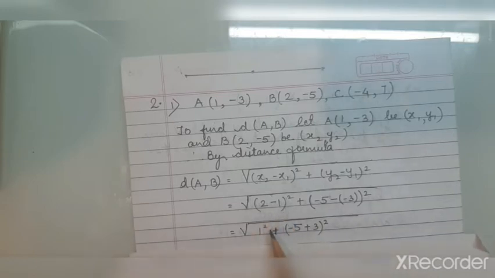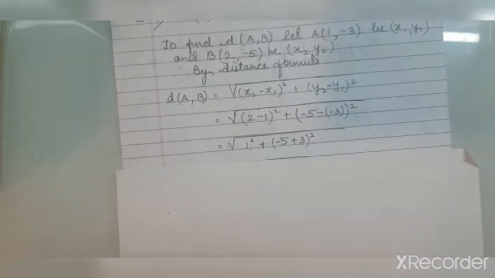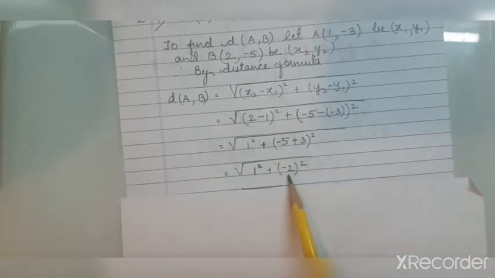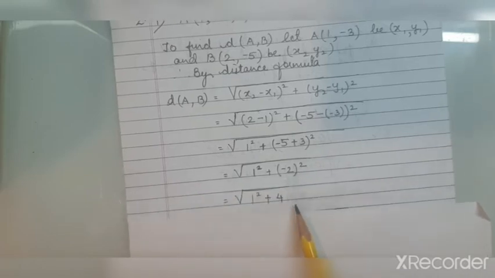2 minus 1 is 1. So 1 square, plus, first we will solve the bracket inside with the signs. Minus 5, minus into minus is plus. So minus 5 plus 3 the whole square. Minus 5 plus 3 is a calculation of integers, so it is minus 2. We write the sign of the greater number and we subtract when the signs are different. Now the square of a negative number is positive and 2 square is 4.